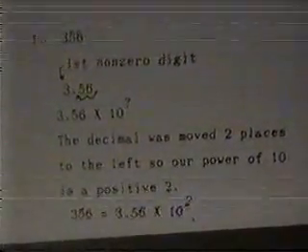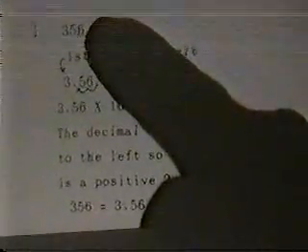Okay, first example on scientific notation. We have the number 356. The way we write scientific notation is to move the decimal, and you don't have one here, but it's understood to be at the end of the number. You move the decimal behind the first non-zero digit.